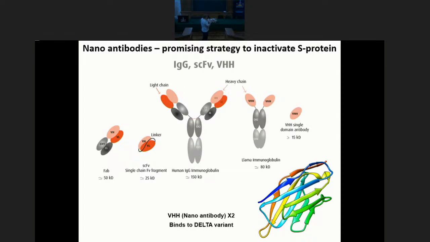The nano-antibody we use binds to the Delta variant of coronavirus and neutralizes it. We tried to describe how it works, where it binds, and what the structure of this complex is.